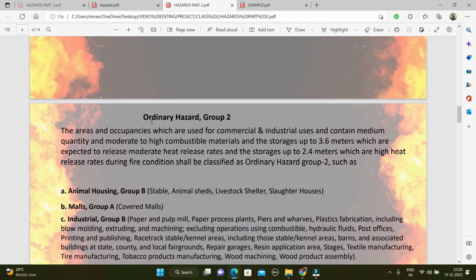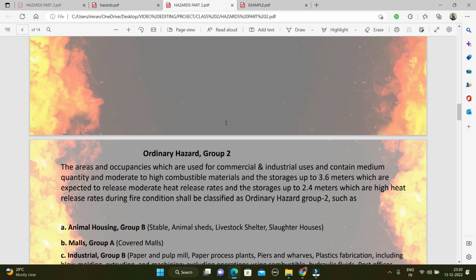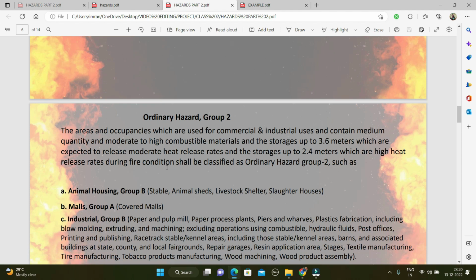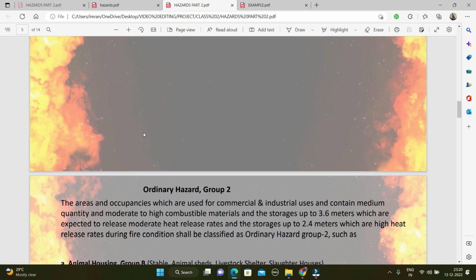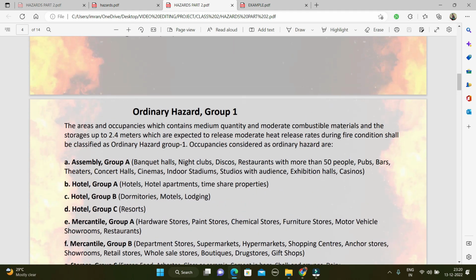Now let's explore ordinary hazard group 2, the area and occupancy. It means those used for commercial and industrial usage, where the storage height is more than 2.4 meters and less than 3.6 meters.